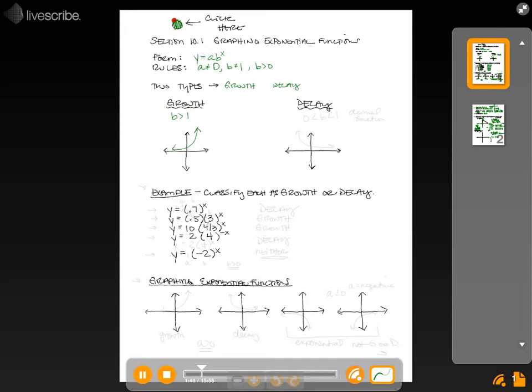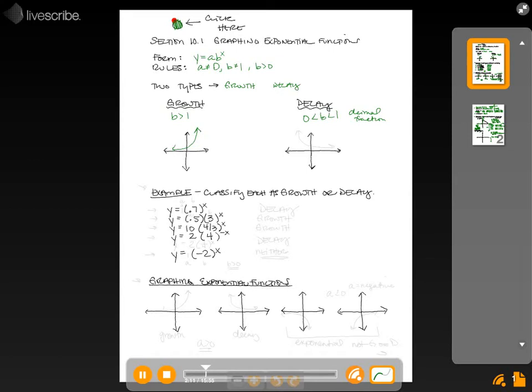Now, a common mistake is people think if b is greater than 1, it's growth. Well, if b is less than 1, it's decay. And that's partly true. But remember, b can't be negative. So b has to be between 0 and 1. It needs to be some decimal or fraction that's between 0 and 1, because again it can't be negative.